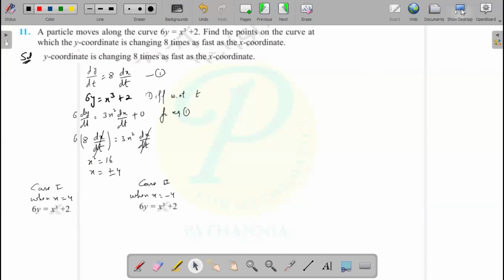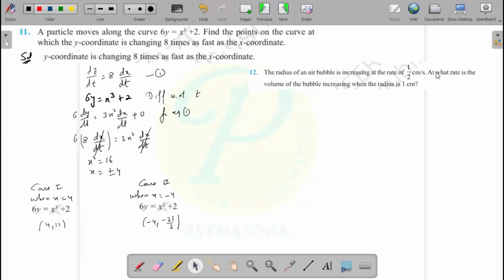Substitute the value and you will get the answer. So when x is 4, the y is 11. And when x is minus 4, this all जो आप करेंगे वो आपकी कैलकुलेशन है जी, -31/3. This question may be as a MCQ or maybe in a 2 marks weightage. This is another similar one having a weightage of 1 or 2 marks.